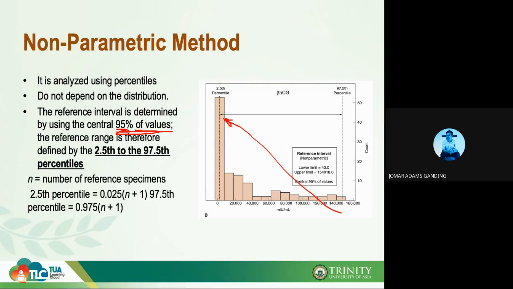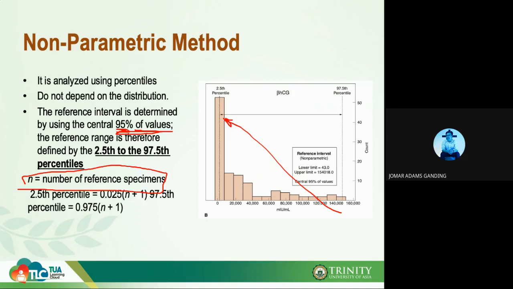It is very important for you to remember this because here we're not basing it on the mean or on the standard deviation, but rather on the number of reference specimens. These are the number of subjects, participants, or patients that were there during the study.